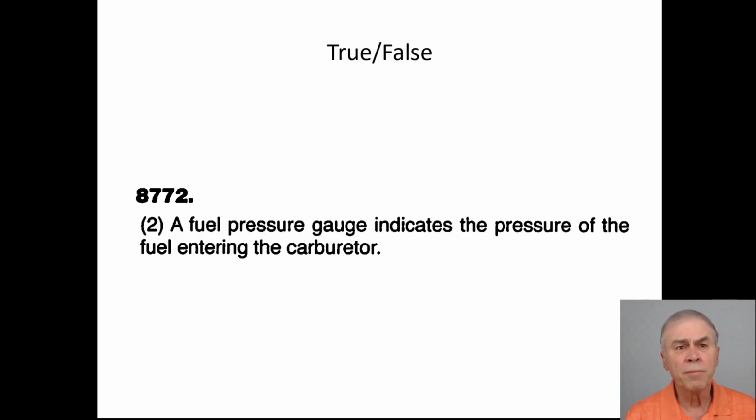True or false, second part. A fuel pressure gauge indicates the pressure of the fuel entering the carburetor. It's not a terrible answer. That is approximately where you are taking the fuel pressure measurement.